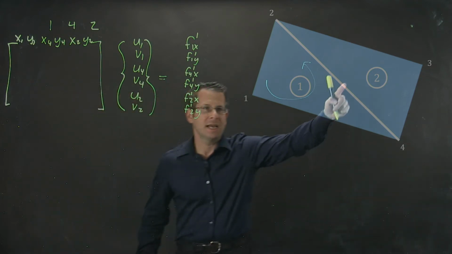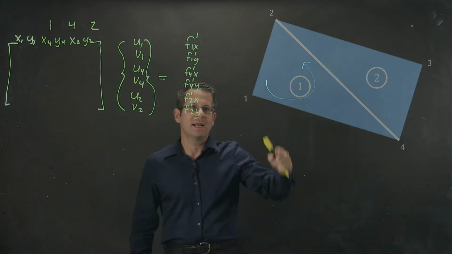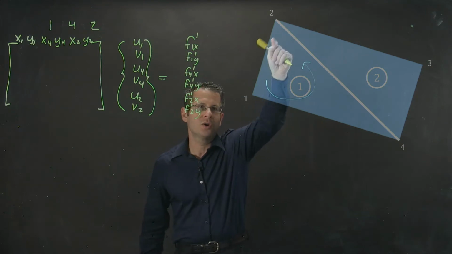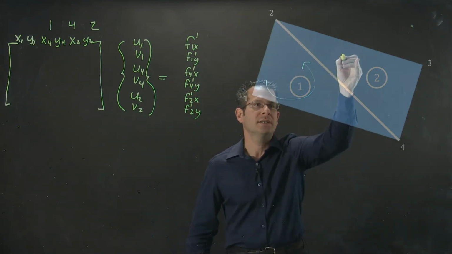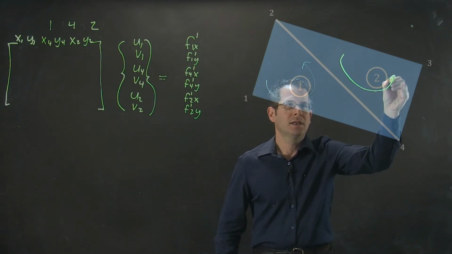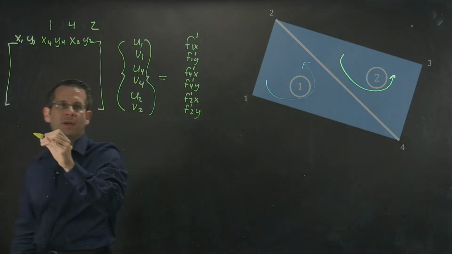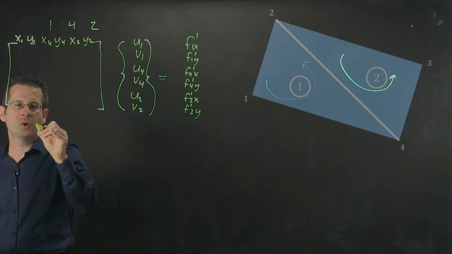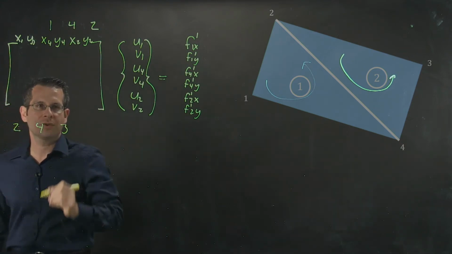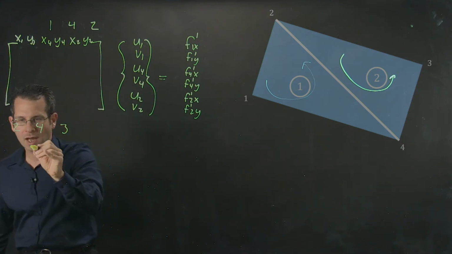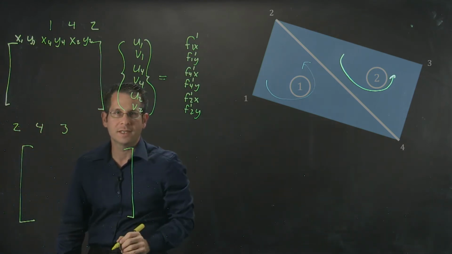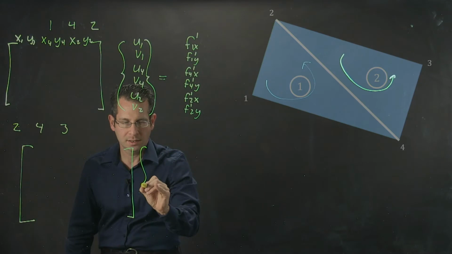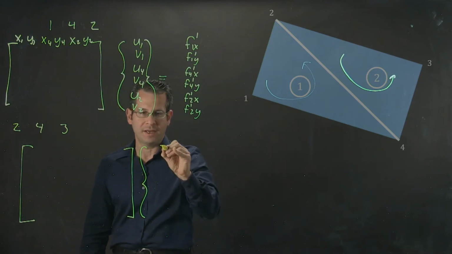For my second element, I can label my local nodes. I'd have to go counterclockwise, so I will go from 2 to 4 to 3. I will get a local stiffness matrix and a local displacement vector.